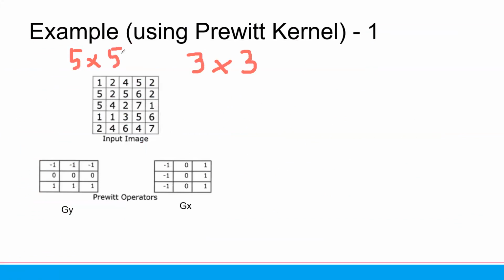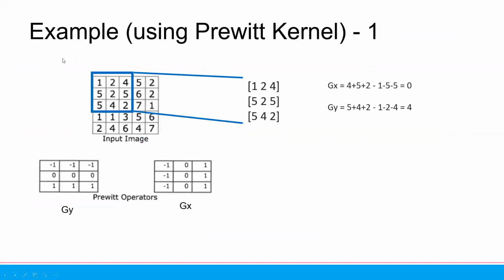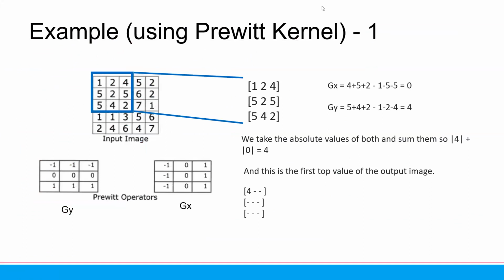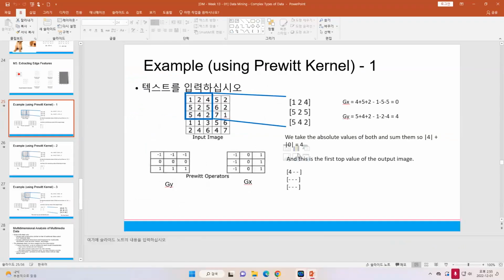For every 3 by 3 region, we check the components, get a value, and place the value here. So the idea is the same as the convolution.